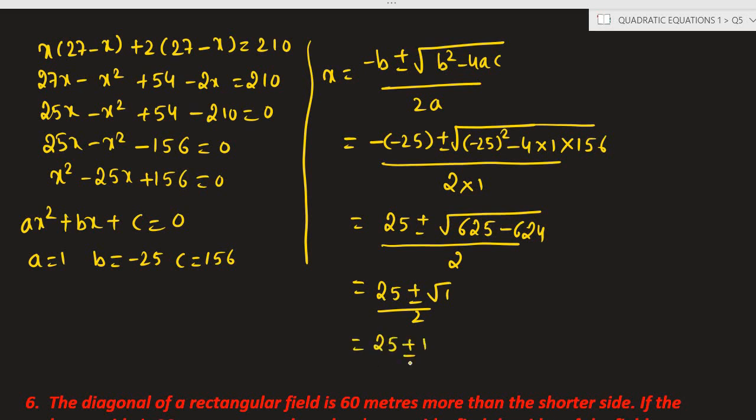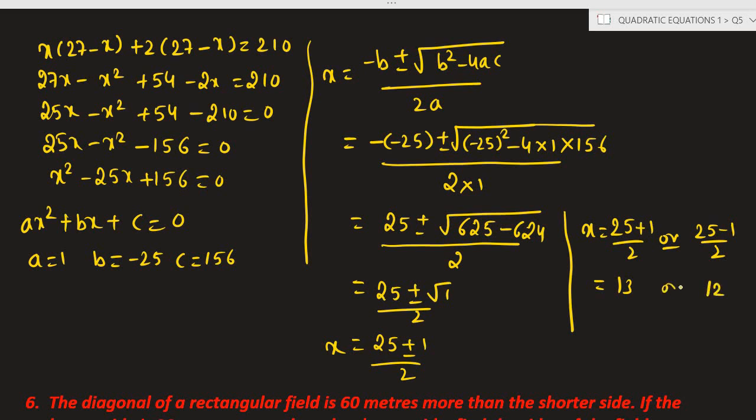So X is equal to 25 plus or minus 1 by 2. Therefore the answer: X is equal to 25 plus 1 divided by 2, or 25 minus 1 divided by 2. 25 plus 1, that is 26 by 2 is 13, or 25 minus 1, that is 24 by 2 is 12. Therefore X is equal to 13 or X is equal to 12.